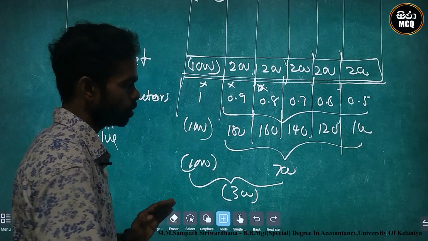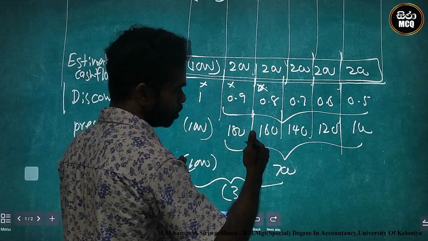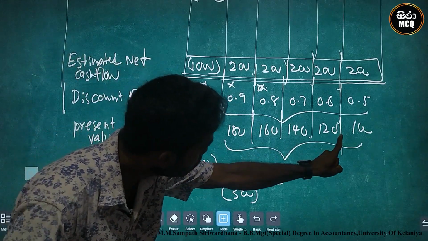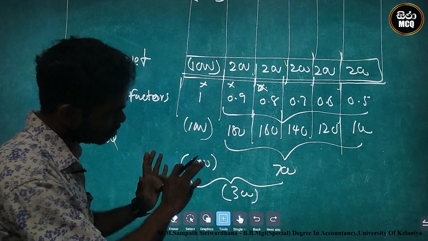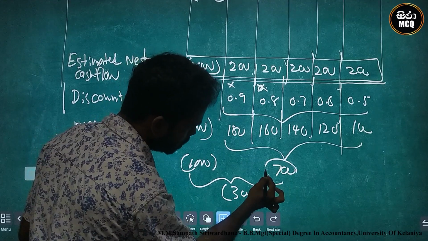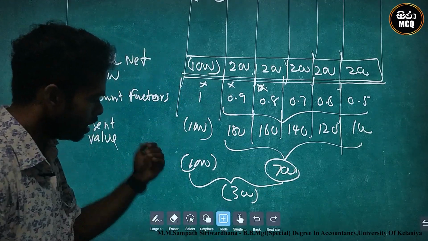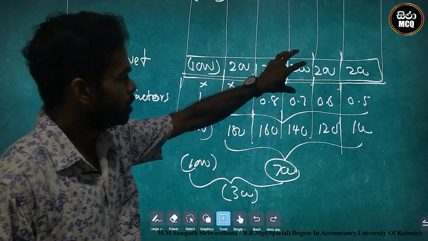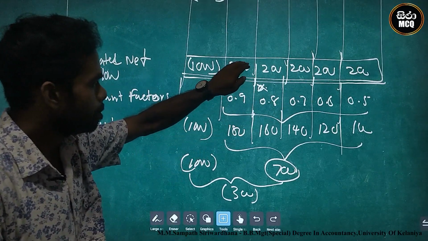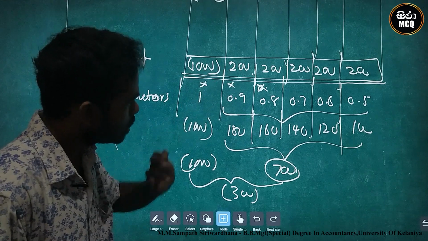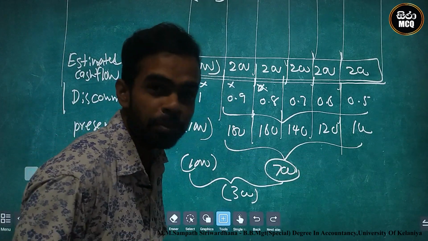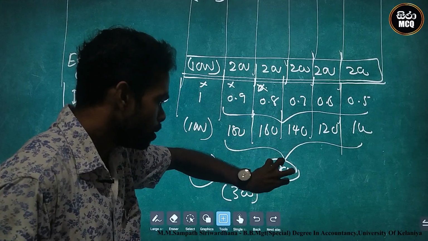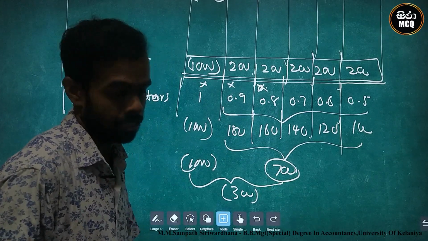This is the initial investment. The present value of future cash inflows is there. The present value of future cash inflows, the total sum of this, is 700.